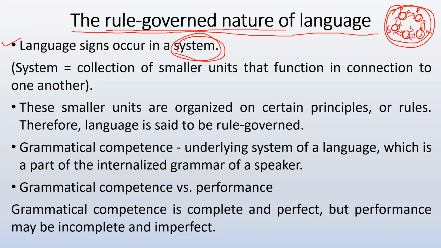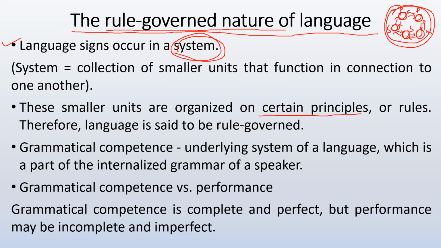And now at the same time we know inside language, these subunits or subsystems are interrelated to one another. How are they interrelated to one another? It is not a messy thing, right? These smaller units are interrelated to one another or are organized on certain principles or rules.